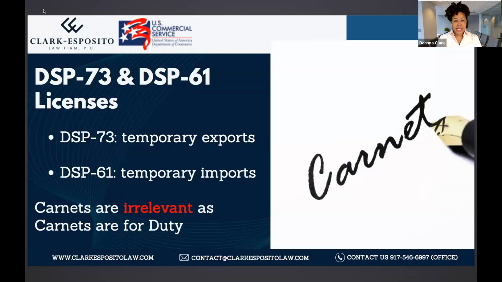Now, the DSP 73 and 61 licenses mentioned on the last slide relate to temporary exports. And I want to point out that carnets are irrelevant, as carnets are for duty. Carnets are sort of like a passport that travels with your cargo. We had a client with an art collection being exhibited around the world, and they would use the carnet to enter a country with the merchandise, and they never had to pay.